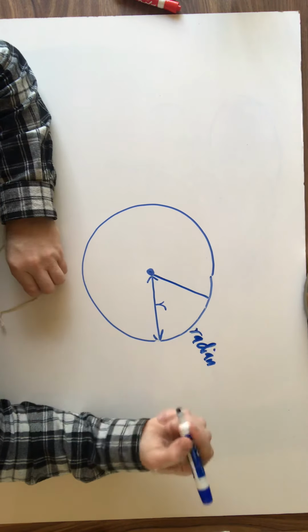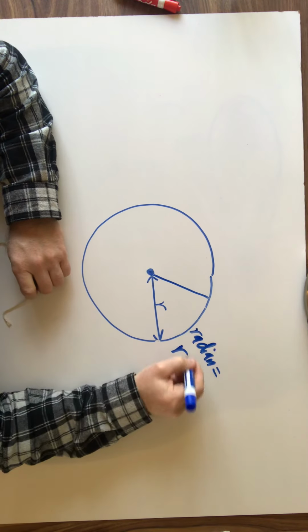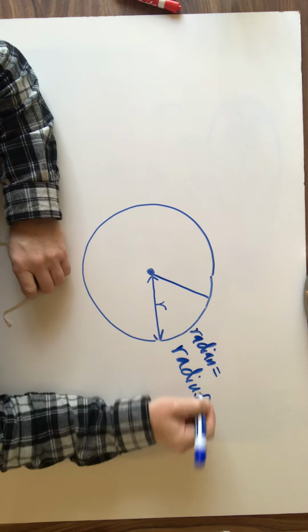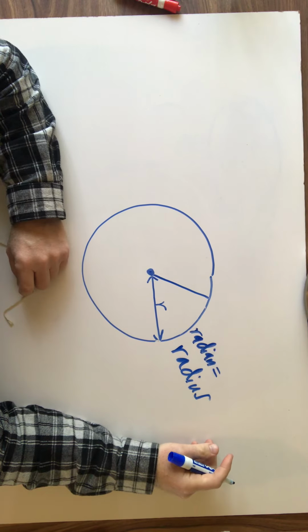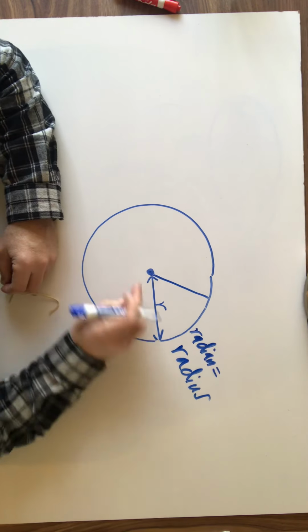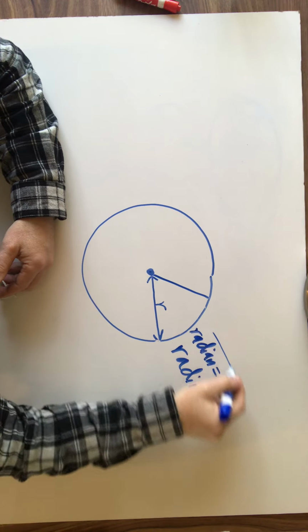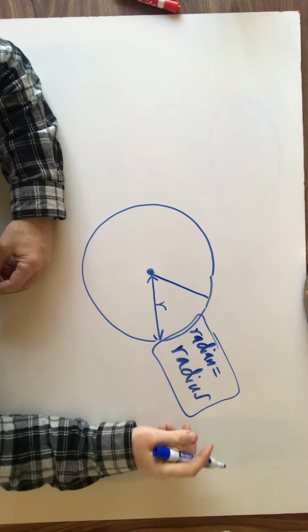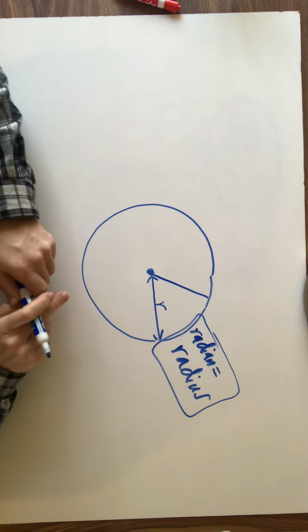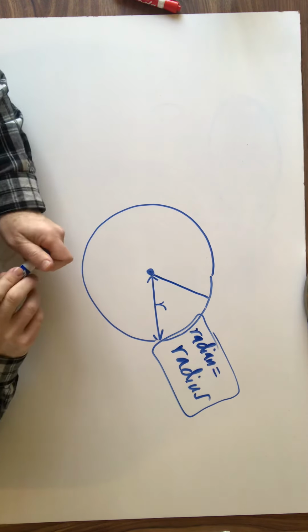So essentially, a radian is a radius. It's just the length of the radius along the arc of the circle, so you're going to think about a radian and a radius as being the same. Technically, there's a little bit of difference because of where they're located, but other than that, they're the same thing.